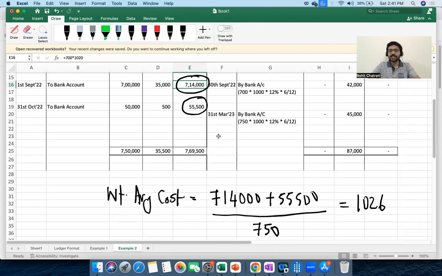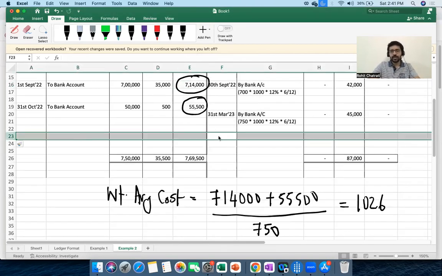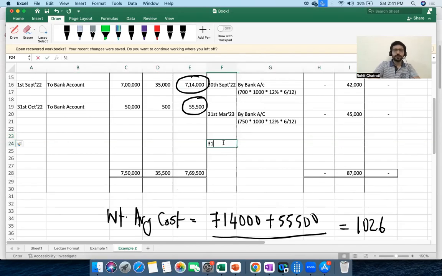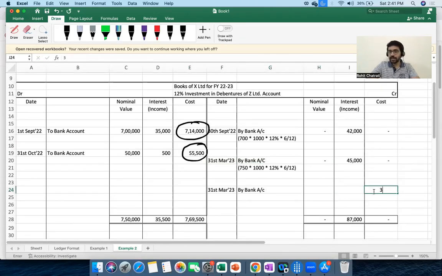How will we recognize that over here? On 31st of March 2023, I will recognize in the bank account the entire sales proceeds in the cost column, just like how we did it in the previous lecture, lecture number four.